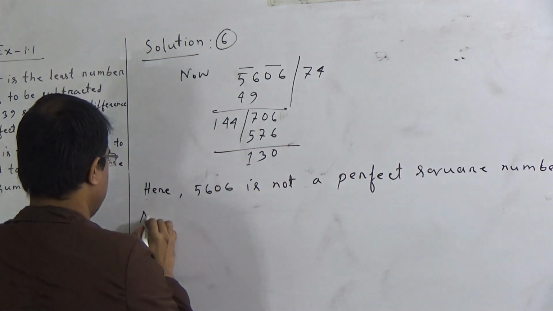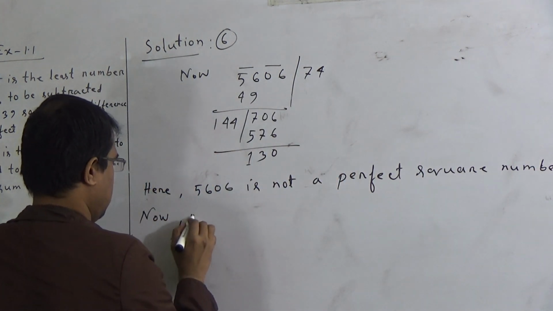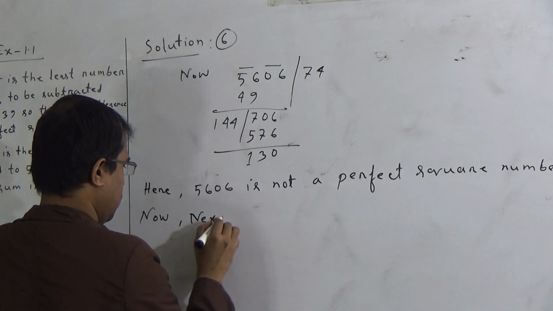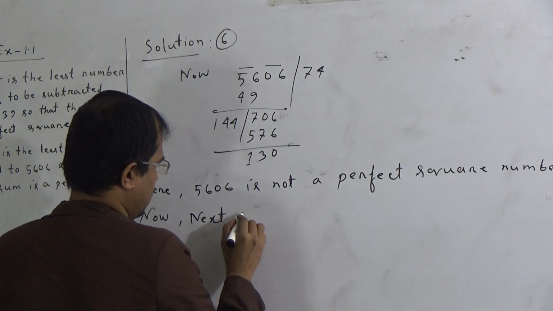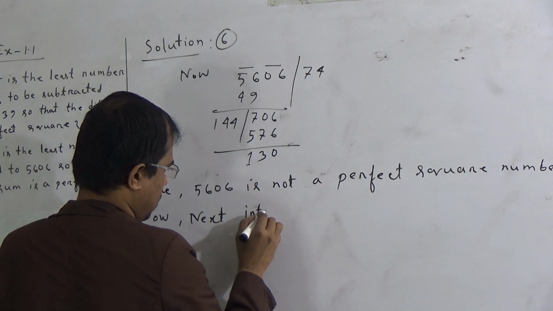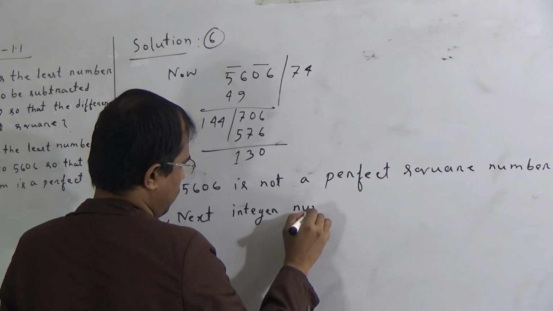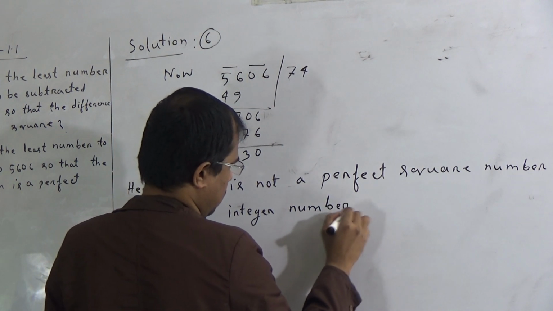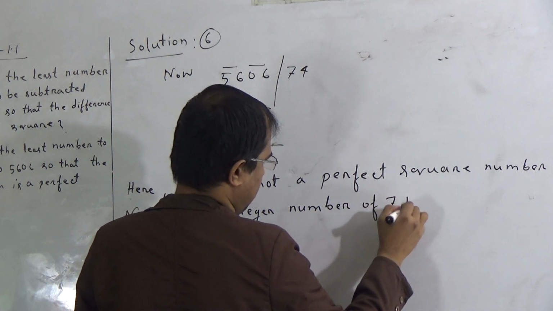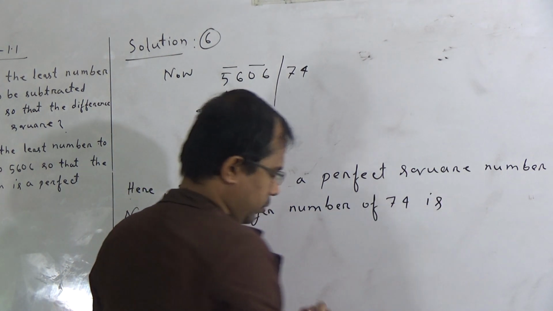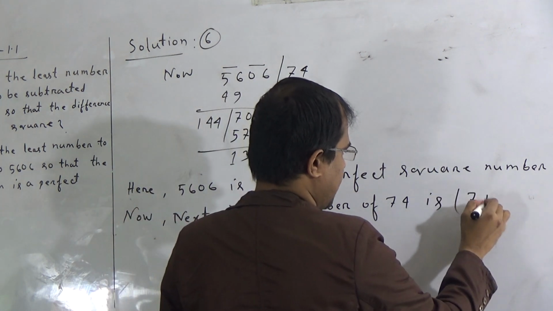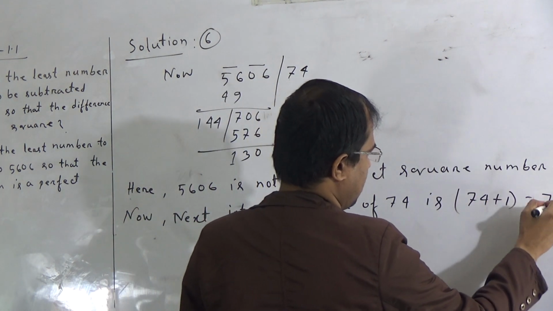Now the next integer number of 74 is 74 plus 1 equal to 75.